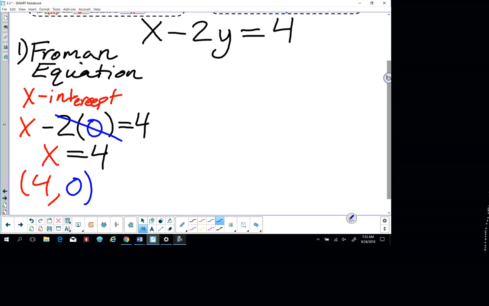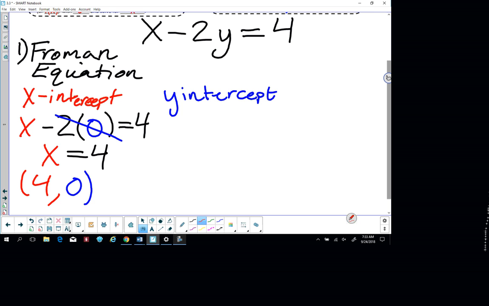For x-intercepts, and then y-intercepts, which we're about to do, we just do the opposite. So for y-intercepts, we're going to do the exact opposite. Just like our notes tell us, y-intercepts happen when x is 0.